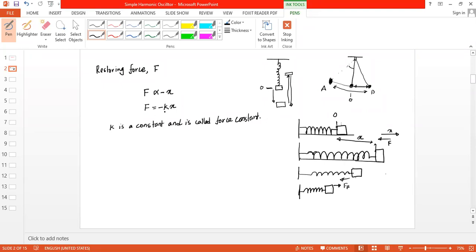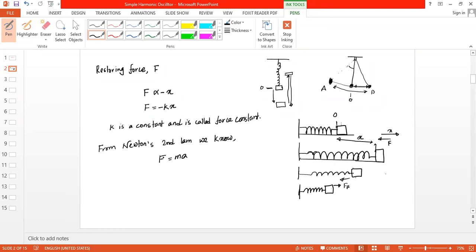By the way, this is the second. And now from Newton's second law, we know F equal to ma.